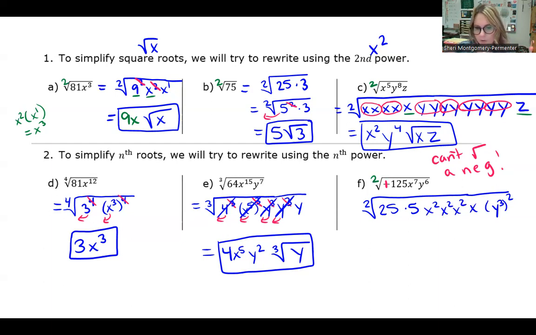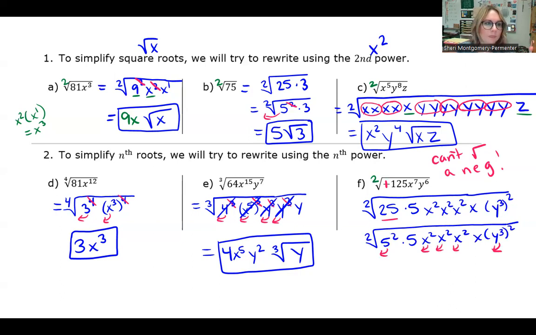So I'm going to rewrite this one more time, just showing that the 25 can be rewritten. So anything that is raised to the 2nd power, it can be rewritten out front. So you rewrite them out front. I've got a 5. And then I have 1, 2, 3 x's. So x to the 3rd.